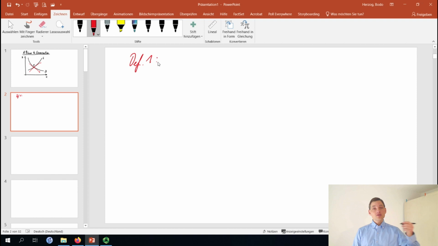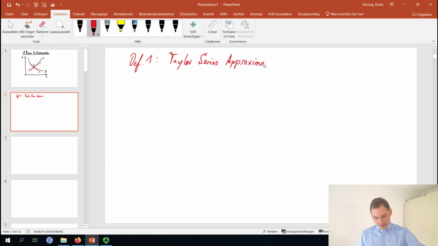It's done by the so-called Taylor series approximation, which you already know from mathematics. It's the Taylor series approximation method we will use here in order to find the linearization around the steady state.